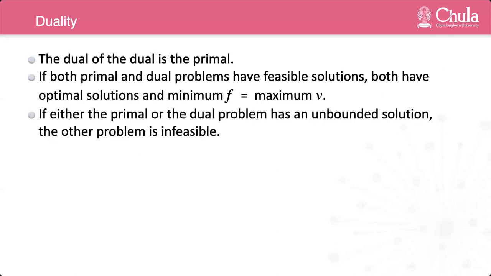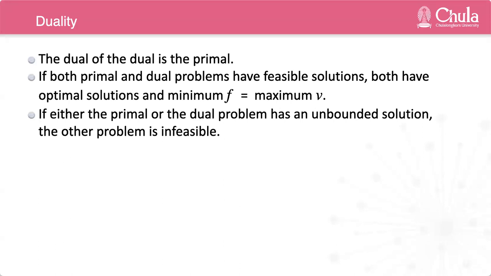So let us discuss the properties of the duality first. The first one: the dual of the dual is the primal, as I mentioned to you. If both primal and dual problems have feasible solutions, both have optimum solutions, and the minimum f equals the maximum p.